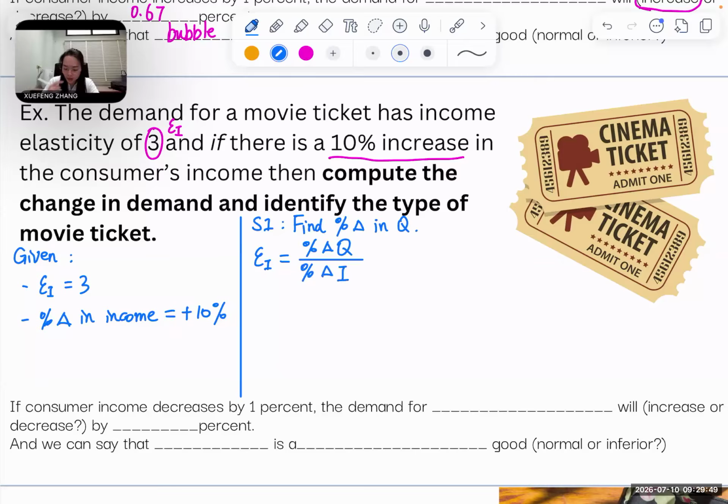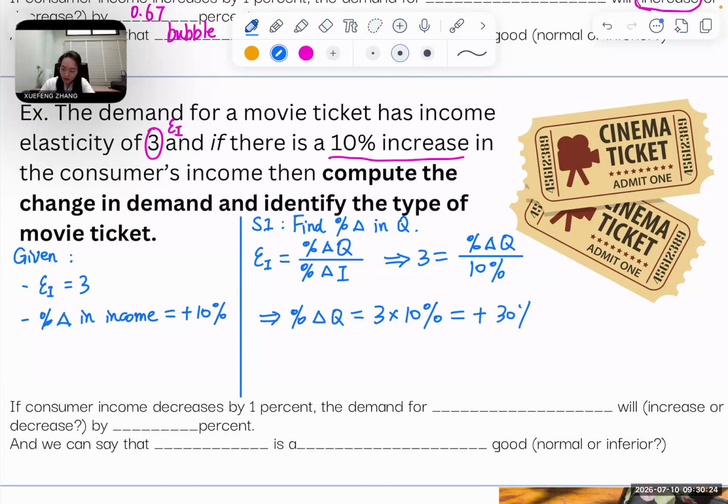So just plug in numbers: 3 equals percentage change in quantity over 10%. We can find the percentage change in quantity easily by multiplying 3 times 10%. So here it's positive 30%.